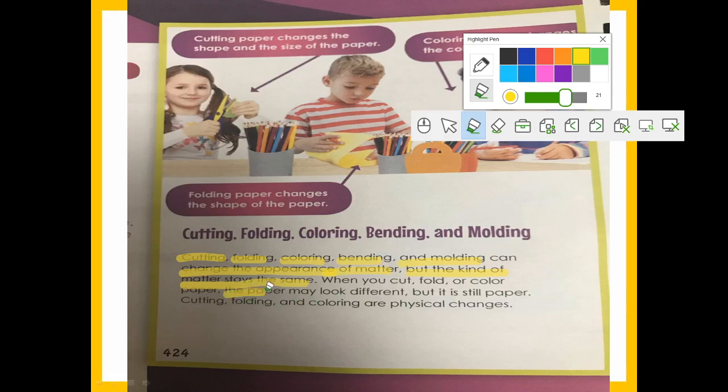But the paper may look different, but it's still paper. It's made of paper and it's still paper. Here, when we cut the paper, it's made of paper and after cutting, still paper.